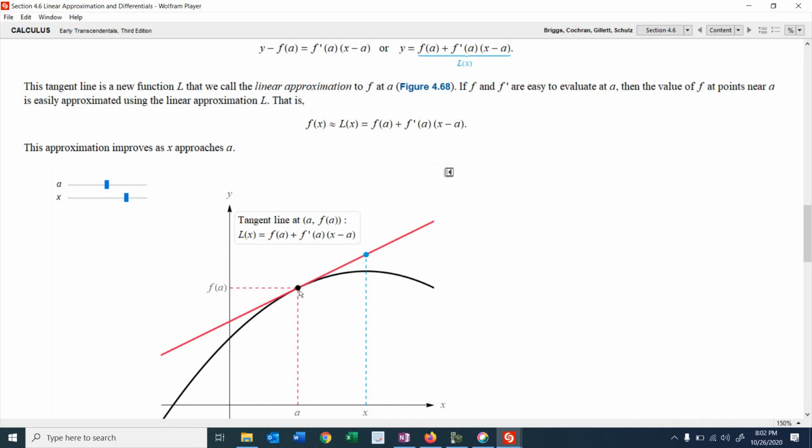And so what we're going to do is approximate the function at this particular point as if it were the tangent line at this particular point. So let's come up with the equation of the tangent line at this particular point.